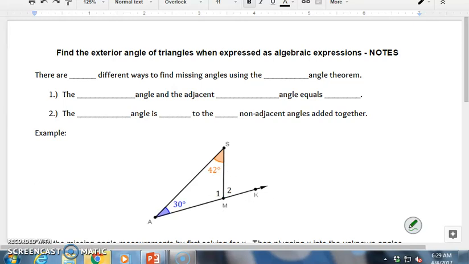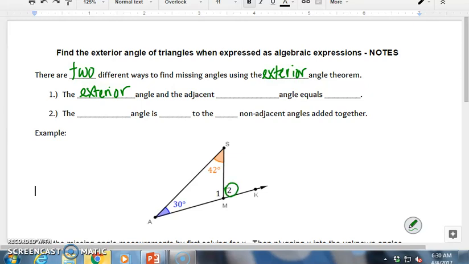Okay? But there are really two different ways to find missing angles using the exterior angle theorem, and that's what this is called. The first one is the one that I talked about yesterday, the exterior angle.